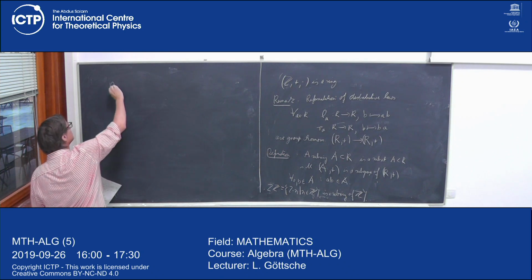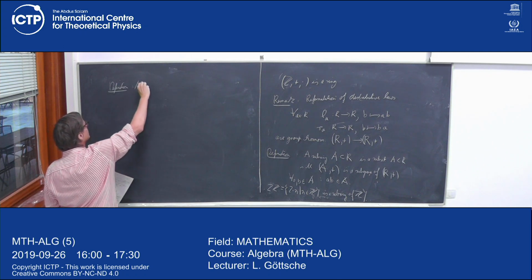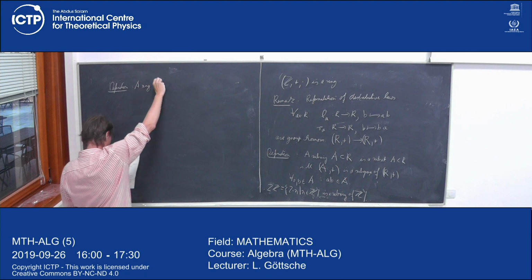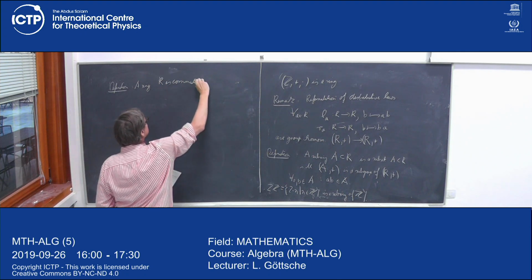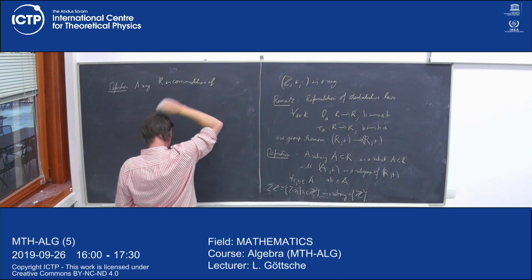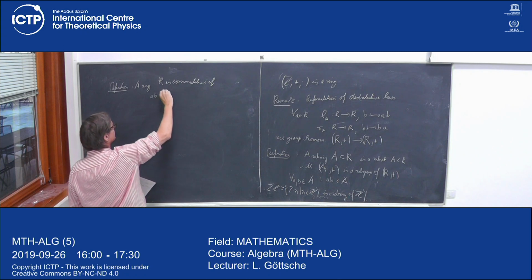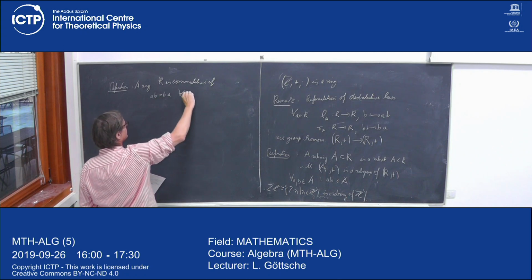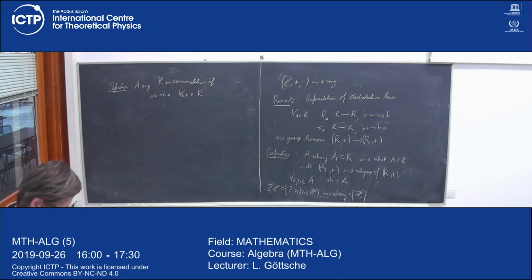So definition: a ring R is commutative if a b is equal to b a for all a, b in R, which means that the multiplication is commutative.